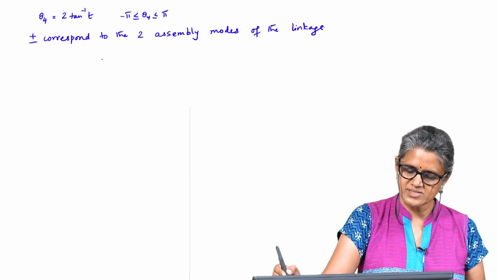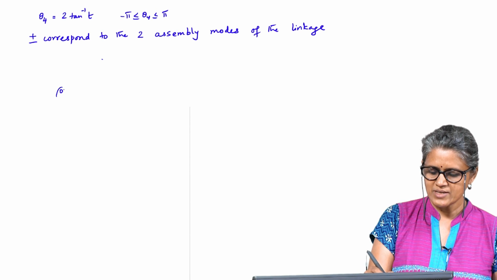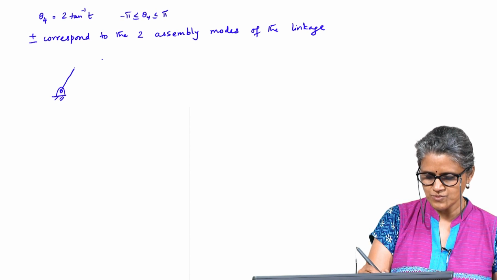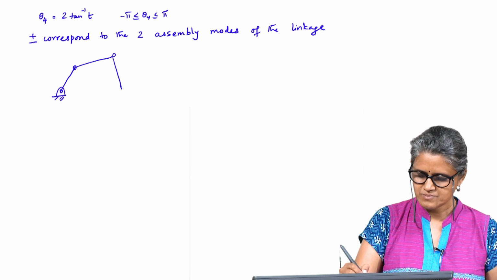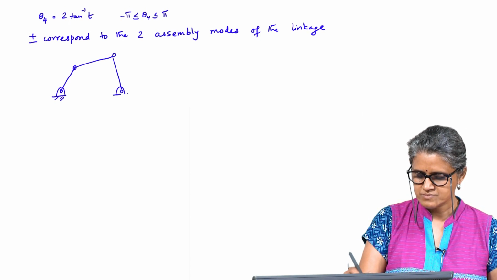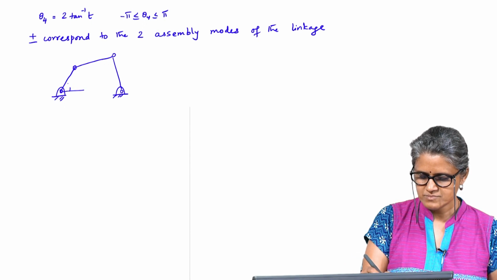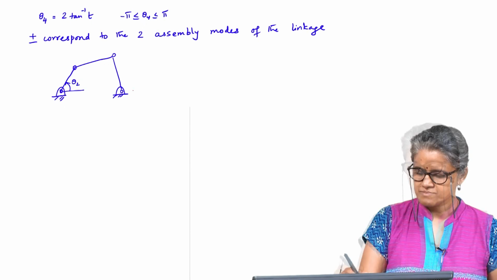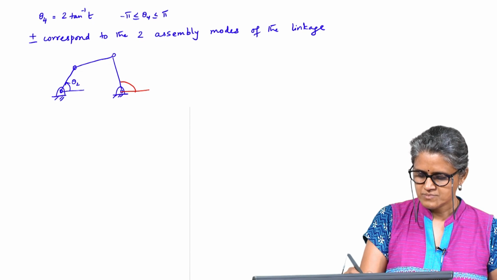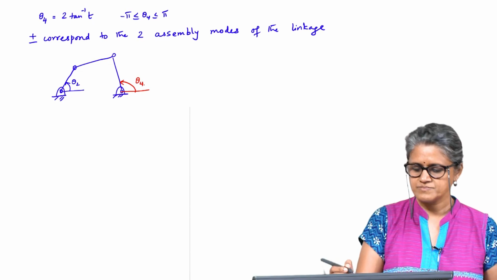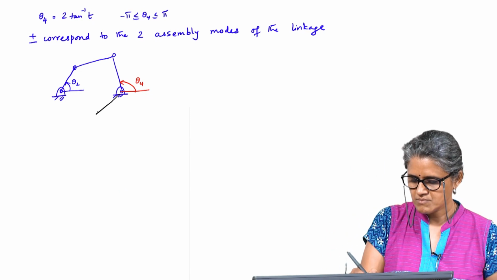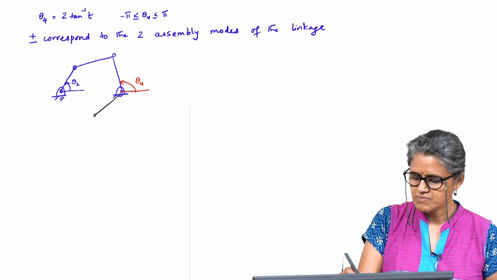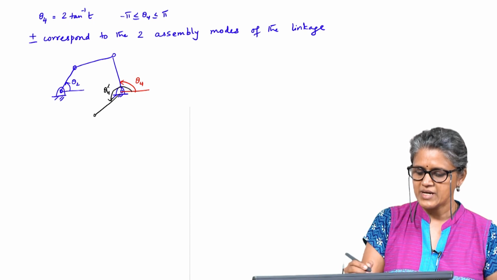What that means is, for a particular angle theta 2, you have one value of theta 4 and another value theta 4 dash.